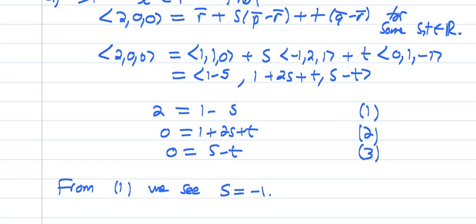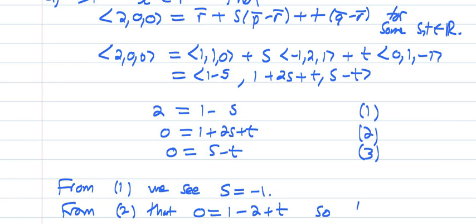All right, and now we see from 2 that 0 is equal to 1 minus, s is minus 1, so minus 2 plus t. So t is equal to 1.